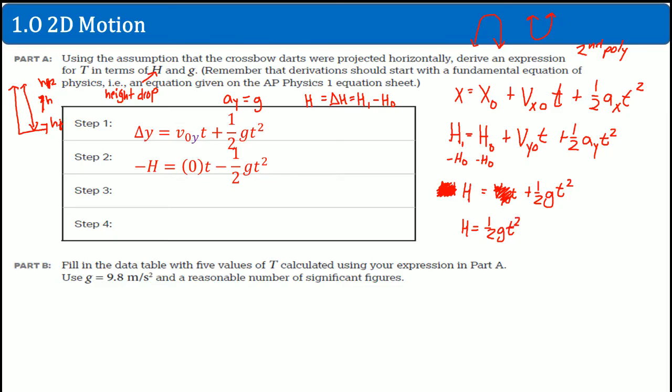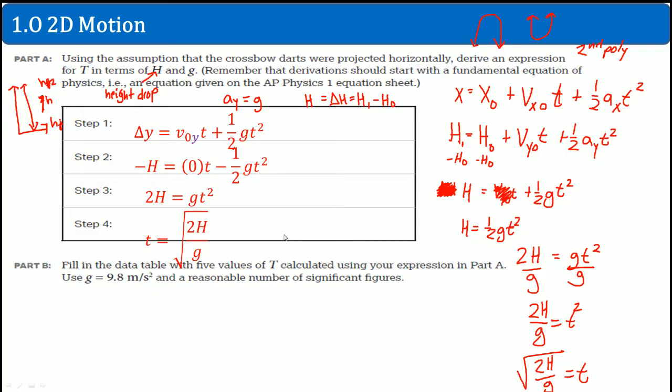Multiply by 2 on both sides, you get 2h equals g t squared. Divide by g, you get 2h over g is equal to t squared. Square root both sides, you get the square root of 2h over g is equal to t. Right? Boom, boom. There you go.